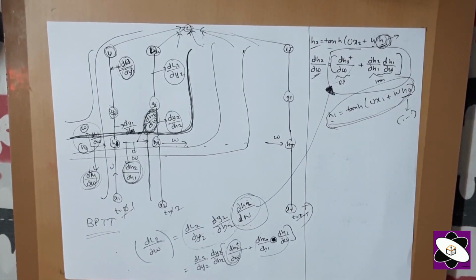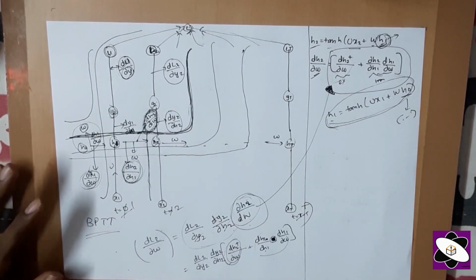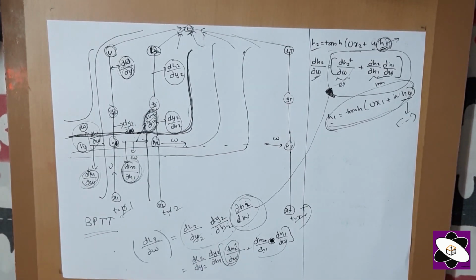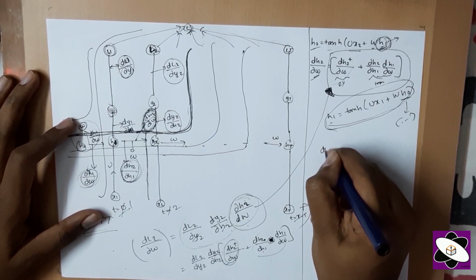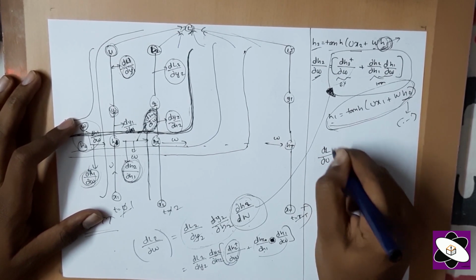Similarly, we can say for L3, L4, and so on till LT, we'll get a generalized combination of summation and products.